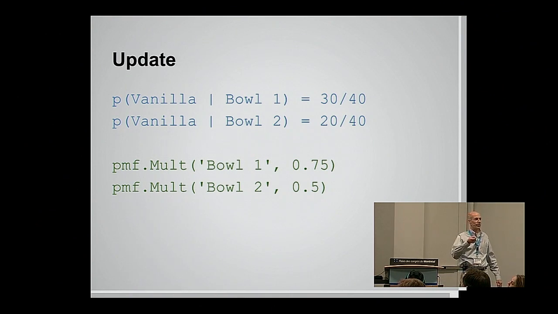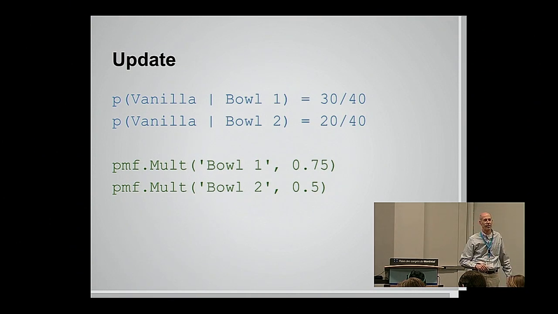So for this new cookie, again, you're going to do 2 mult invocations, except now you're going to compute the probability of chocolate from bowl 1 and the probability of chocolate from bowl 2. That makes sense? So it's going to be the same 2 lines of code with different values, and then normalize again. And that's what each update is going to look like. You take the prior, you multiply each hypothesis by the likelihood of the data, and then you renormalize.